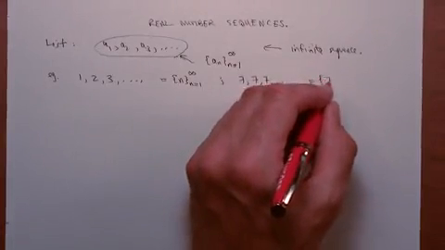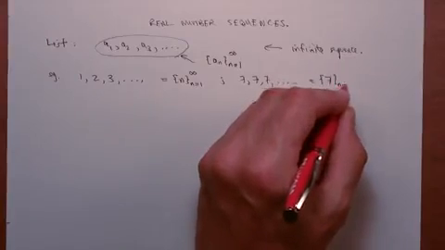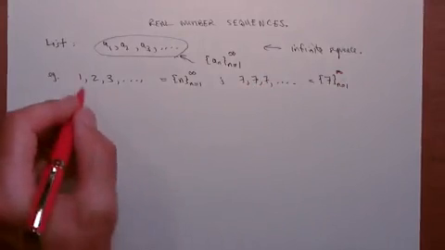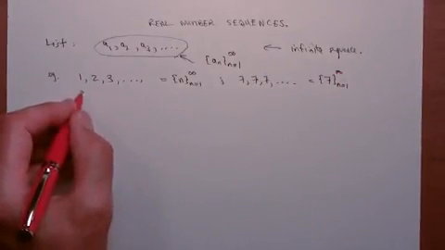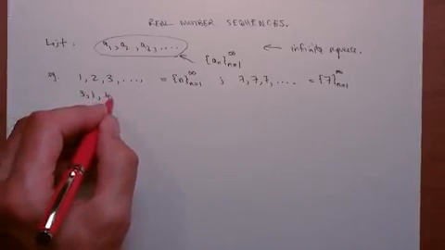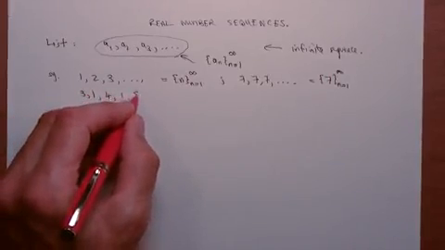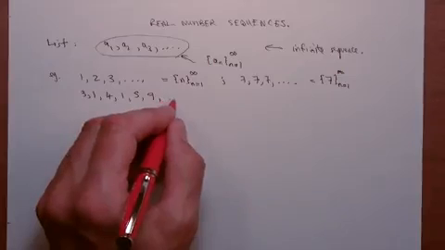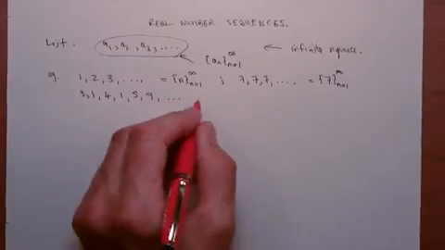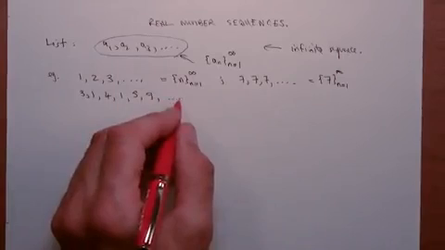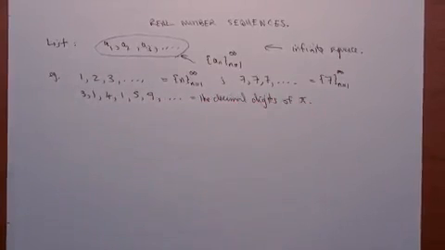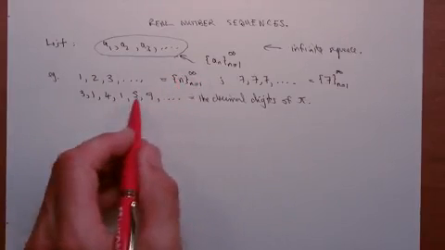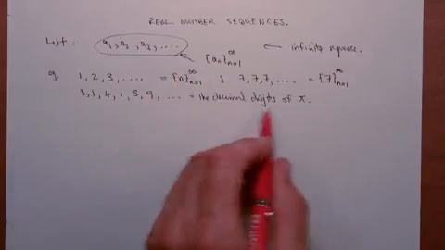That would be expressed in this way. Or I could have the following sequence: 3, 1, 4, 1, 5, 9, etc. Enumerating the decimal digits of pi. Well, there's no simple formula like this to capture this one. I have to use some expression like this.